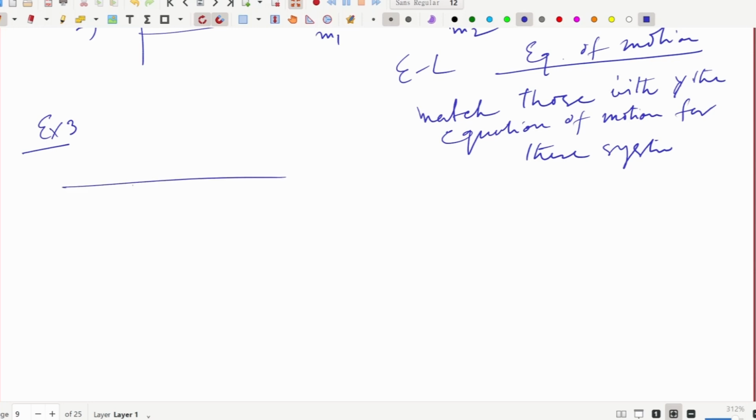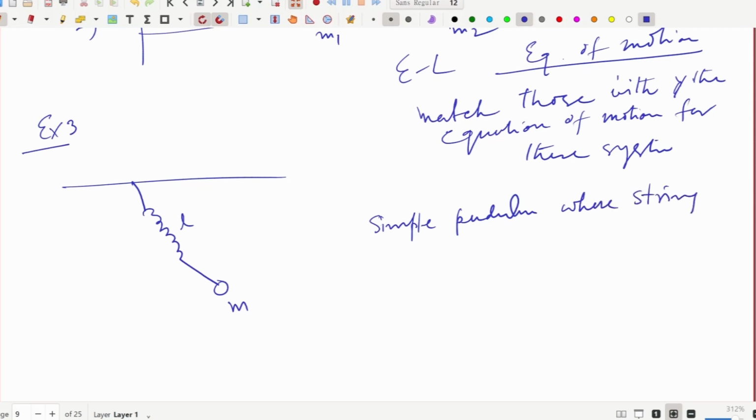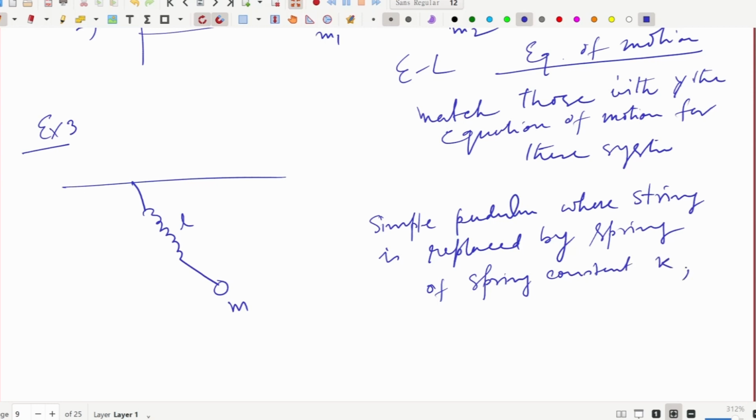It is a pendulum, but it is not simple, because the string is replaced by a spring of spring constant K and rest length, say, L0.